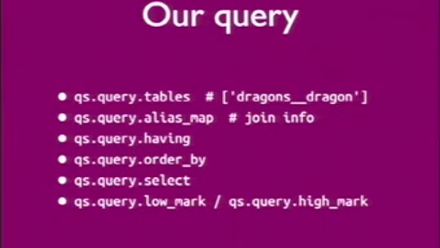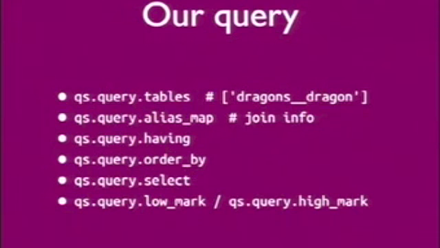This is basically a dictionary where the key is the table name and the value is a named tuple, which contains information about how this table is joined. In this case, the value is actually none because it's not joined, it's where we're starting from. But if we were joining in another table, the information about how we join it in is in alias map.